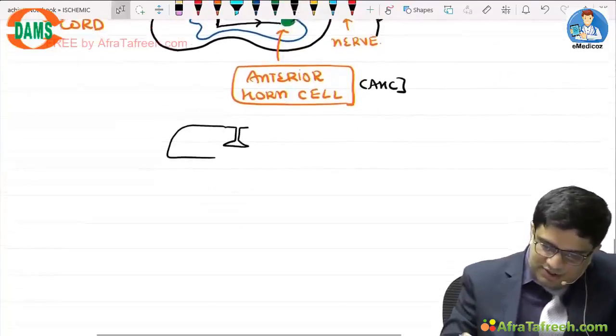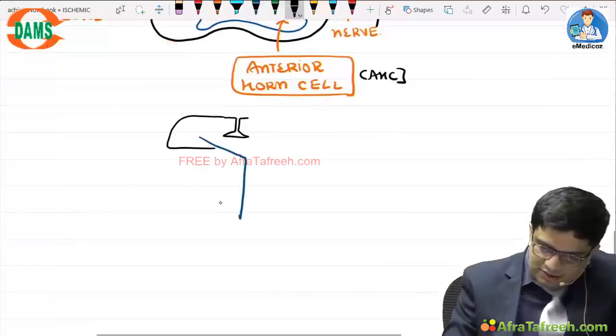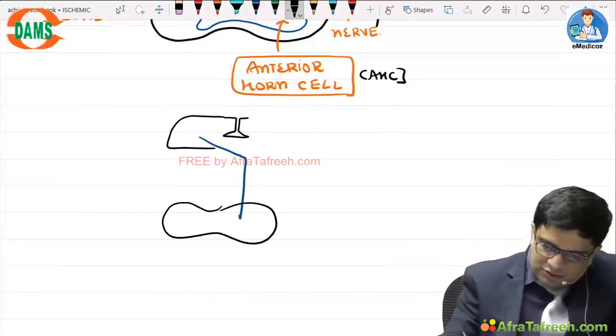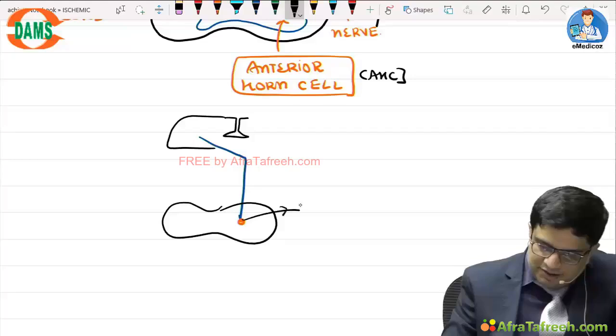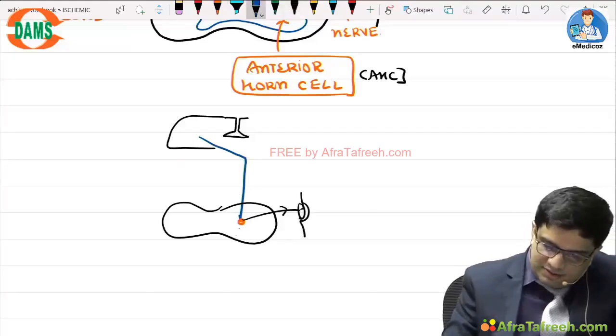So all this has originated from the cortex, crossed the midline and come down in the spinal cord, and stopped at a gate, the anterior horn cell, to become a perfect nerve for a muscle, right? So our anterior horn cell behaves like a gate for two things.